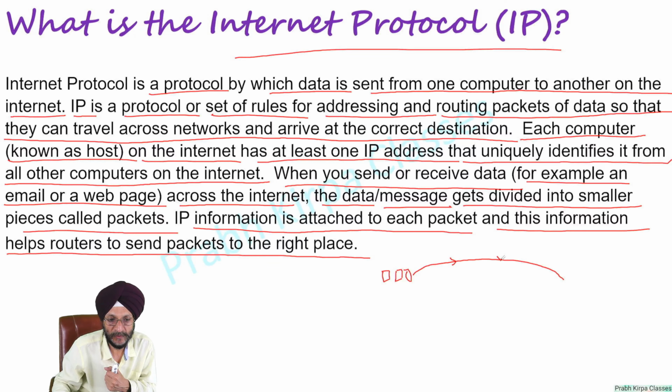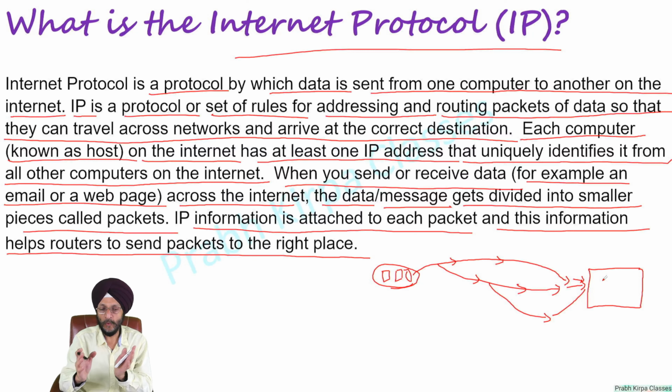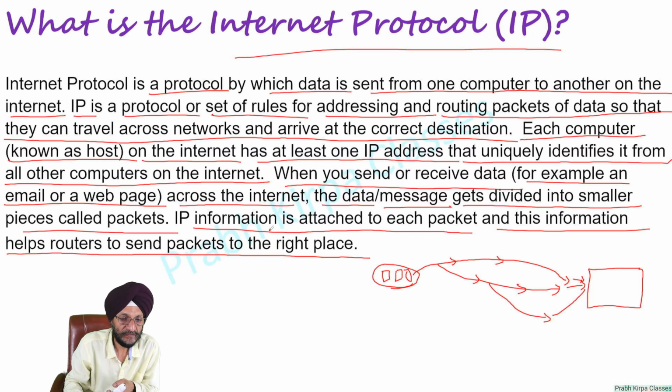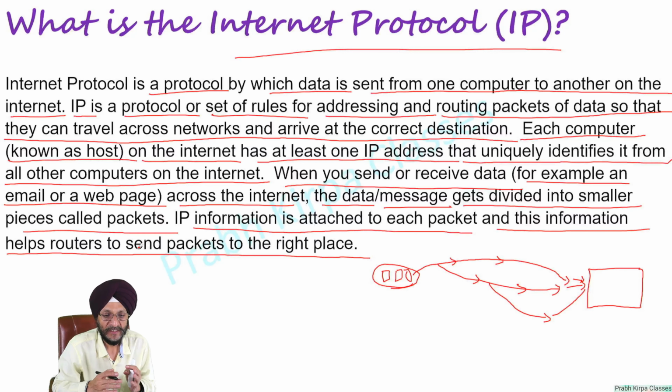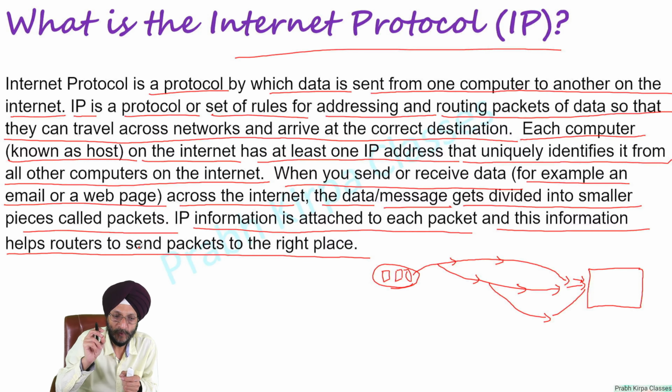Some follow this route, others may follow this route, there may be some other which may follow this route, and at the final destination all these small packets are again reassembled by the TCP, and the original whole data is formed. It is only the IP which ensures that the small packets of data reach the correct destination.